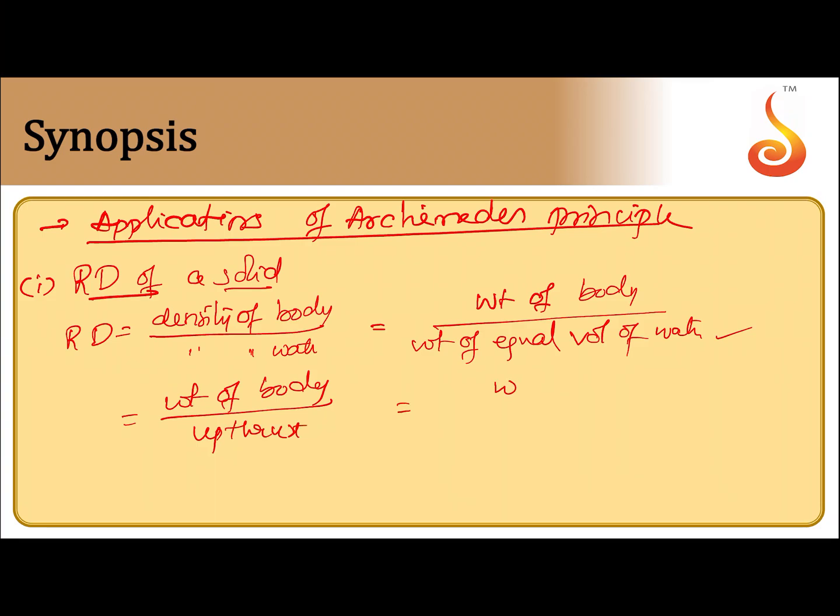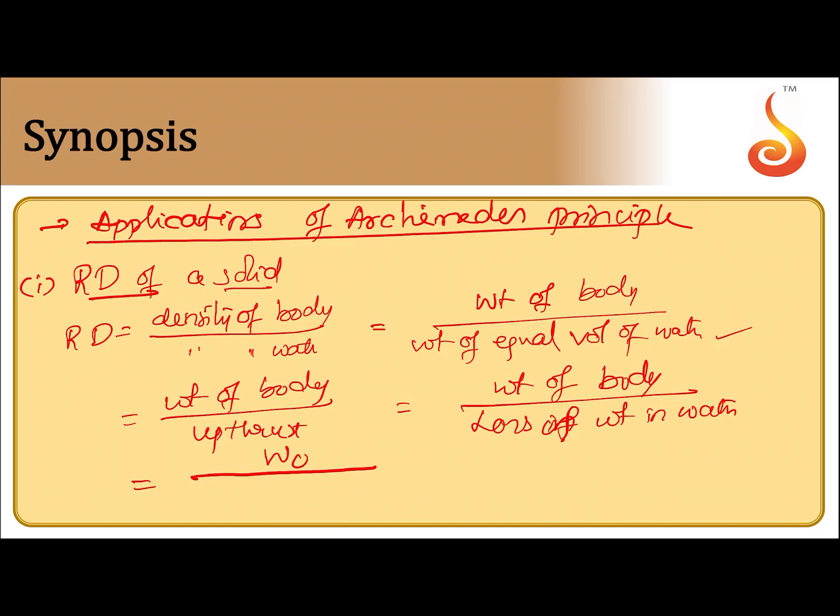Weight of body, and upthrust is nothing but the loss in weight in water. So how do I write this? Relative density is W naught divided by W naught minus weight in water.